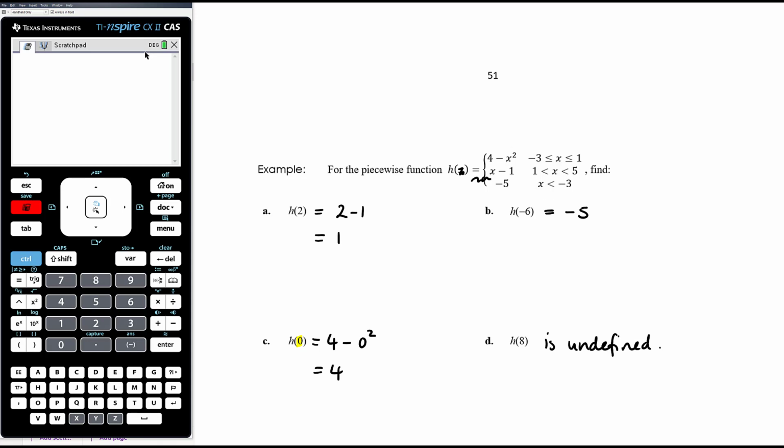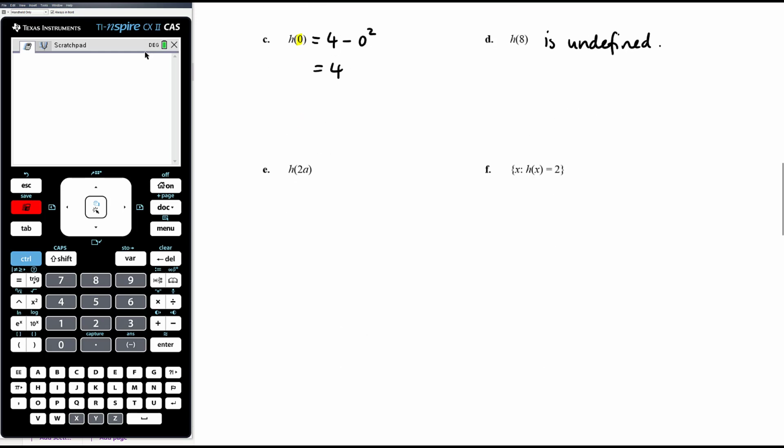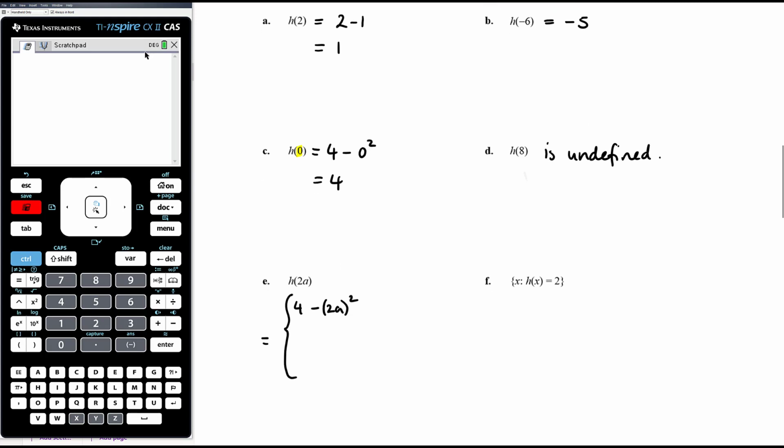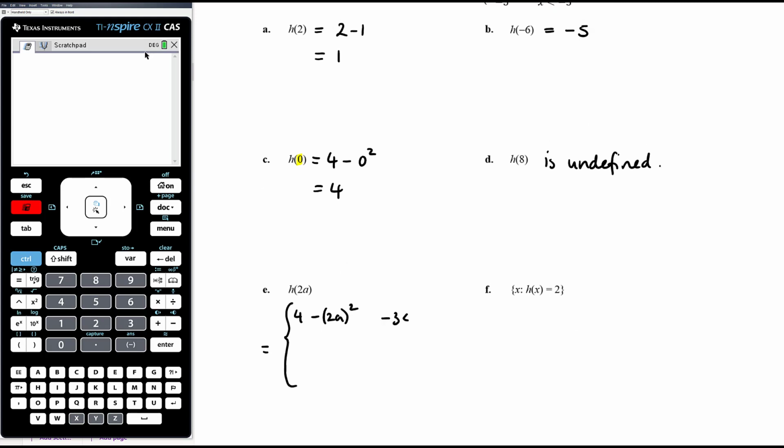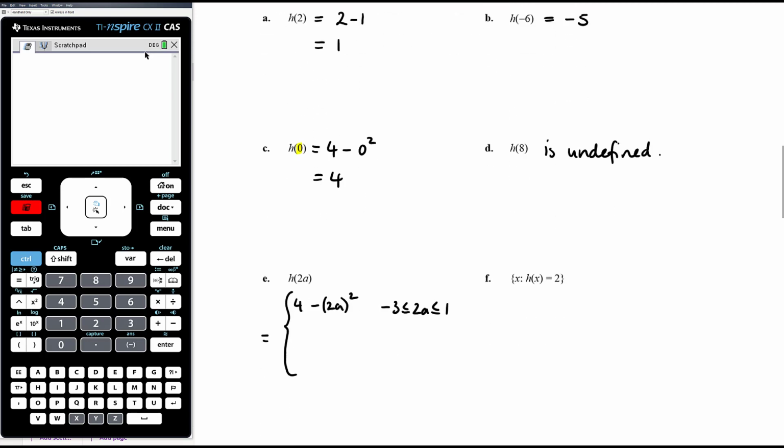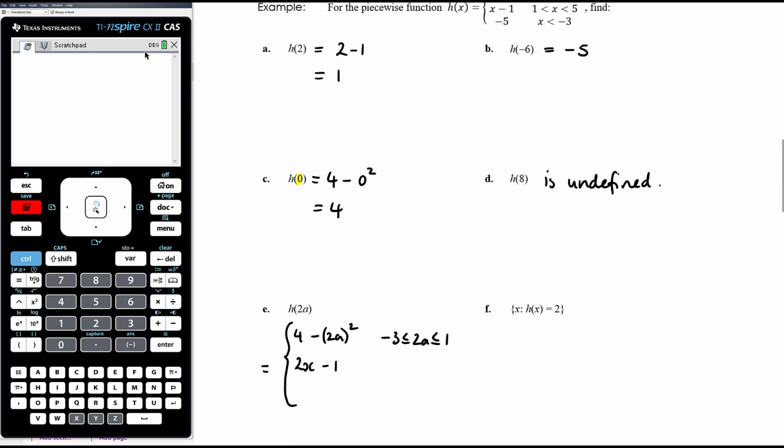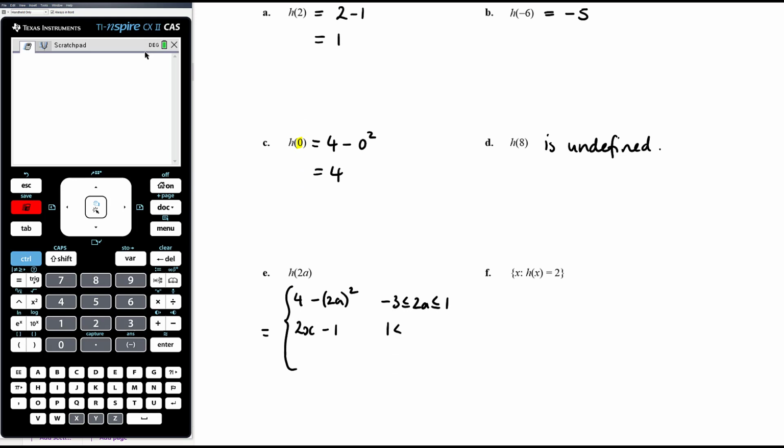Okay, so our function becomes 4 minus 2a all squared, where negative 3 is less than or equal to 2a, which is less than or equal to 1. And then it becomes 2a minus 1, where 2a is between 1 and 5, not inclusive.